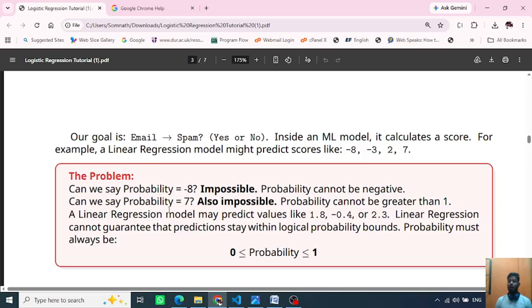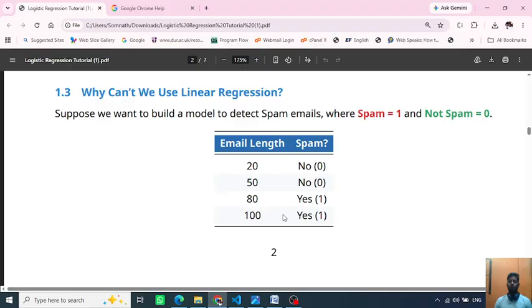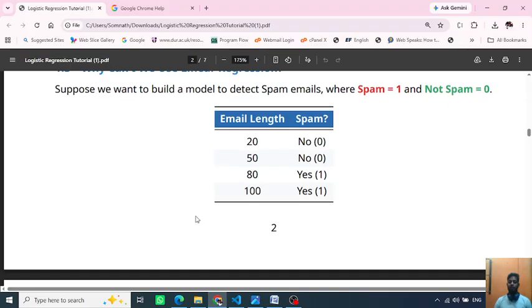Also impossible, because probability cannot be greater than 1. A linear regression model may predict values like 1.8, -0.4, or 2.3. So linear regression cannot guarantee that predictions stay within logical probability bounds. A probability must be greater than or equal to 0 and less than or equal to 1. That's why linear regression cannot be used for this.